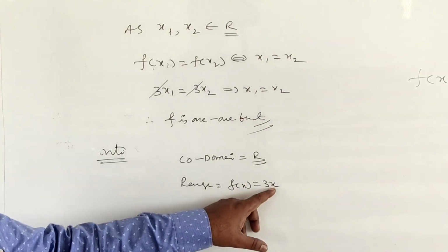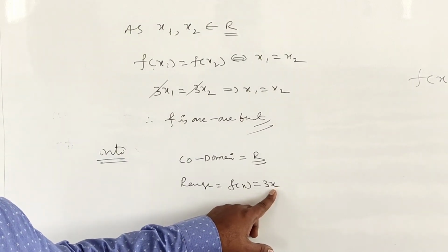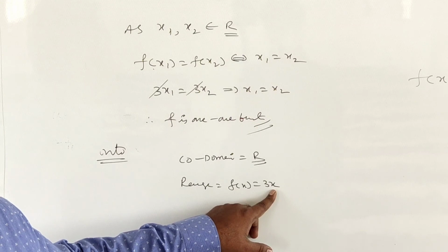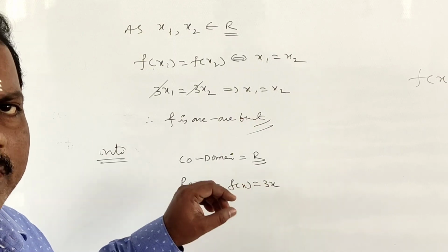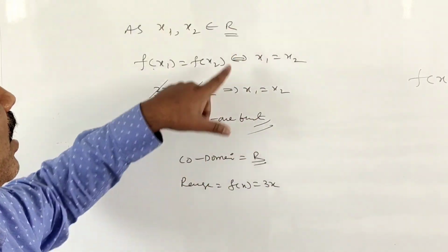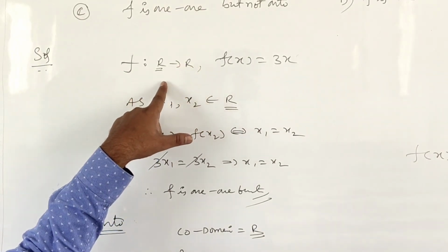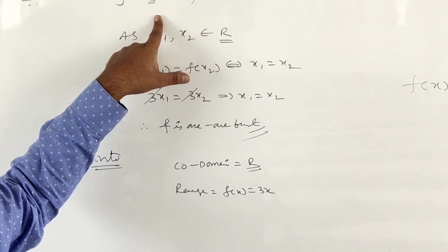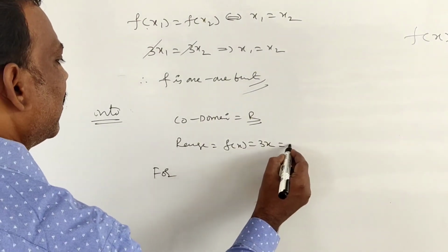If you put any value in x, positive means you will get a positive output, negative means a negative output. That means for every element of the codomain R, there exists at least one pre-image, it must exist. So you can write for every, that also you will get real numbers only.